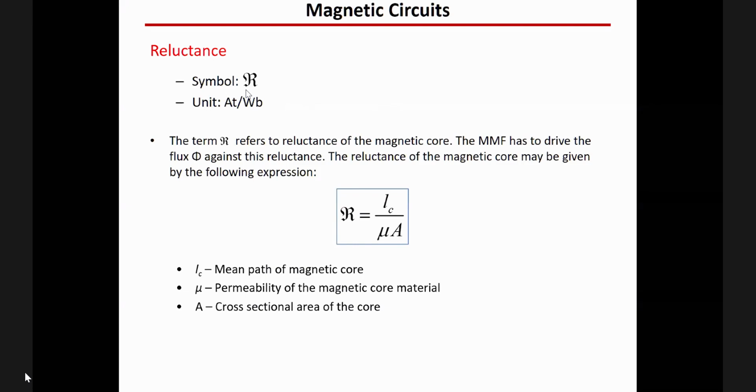And the equation for this reluctance is LC divided by mu A. LC is the average length of the magnetic core. Mu is called the permeability of the material, and I'm going to come to this. A is the cross-sectional area of the material. So the reluctance of the whole magnetic core has three components. The length of the core: more length means more reluctance.